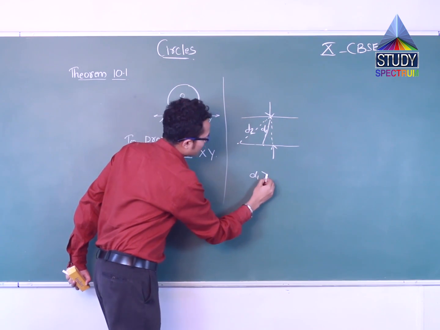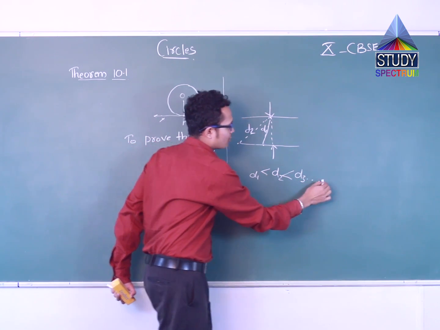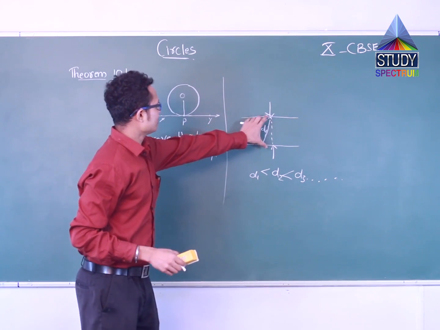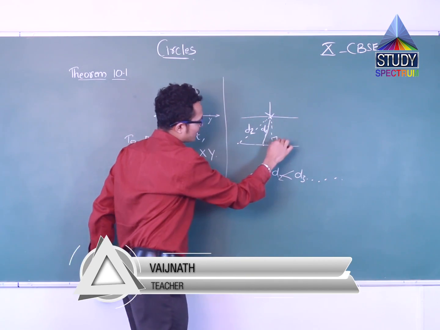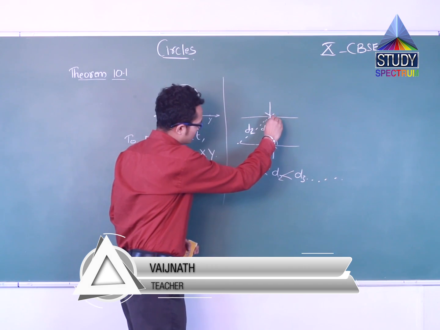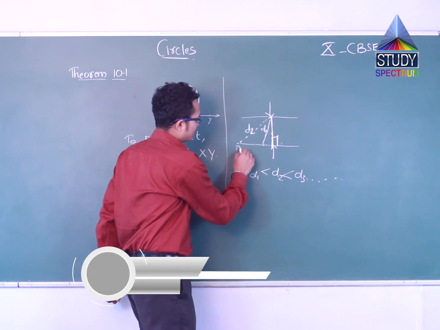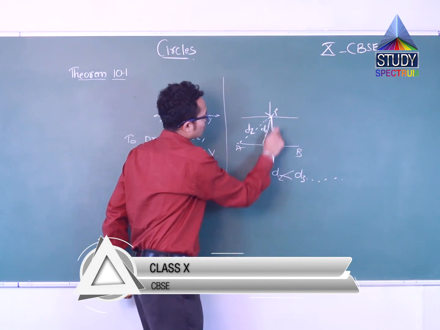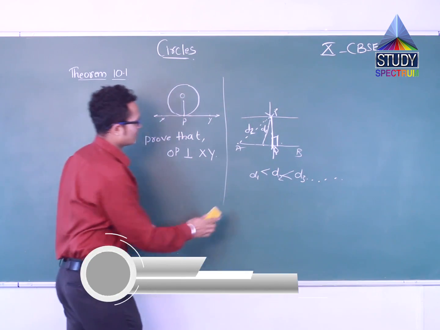So D1 is less than D2, is less than D3, and so on. So between two parallel lines, this is the least distance, which also means that this line is perpendicular. Just by observation, you can say that this line, let's say PQ, is perpendicular to AB. So that is the basic concept involved here.